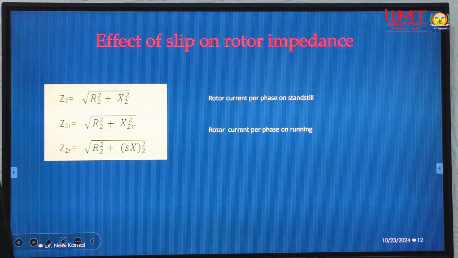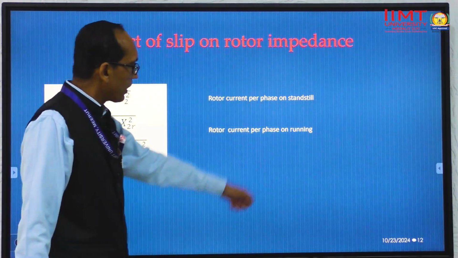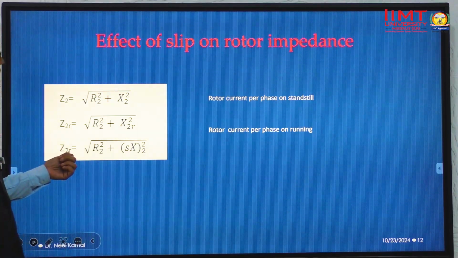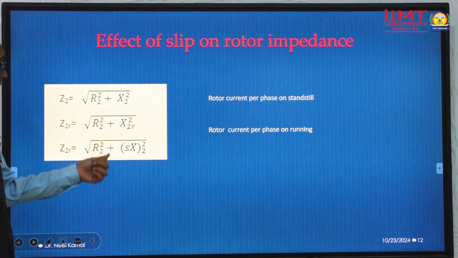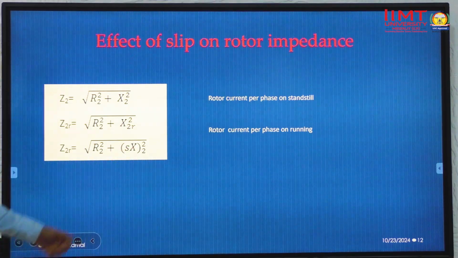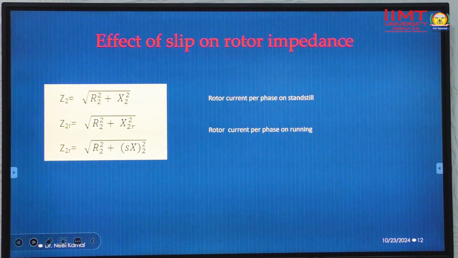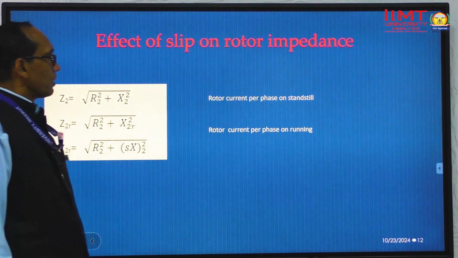And for running condition, we can say Z2R is equal to the square root of R2 square plus SX2 square. So this is about the impedance system.